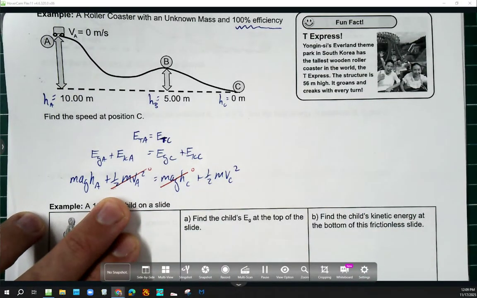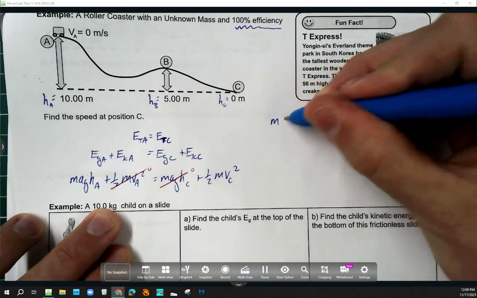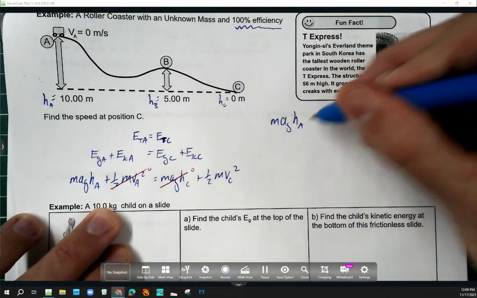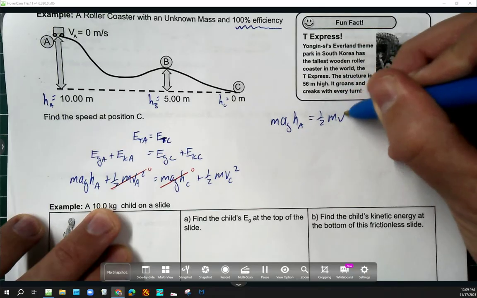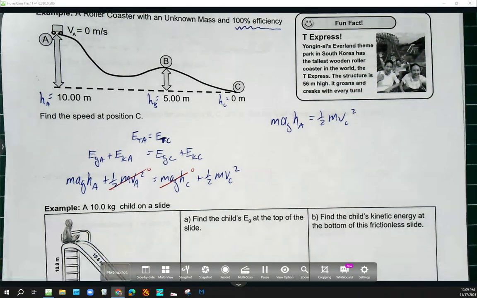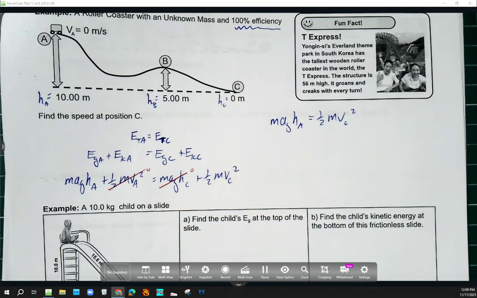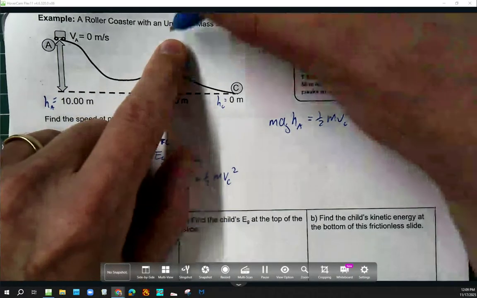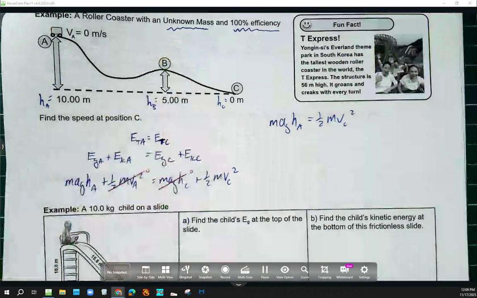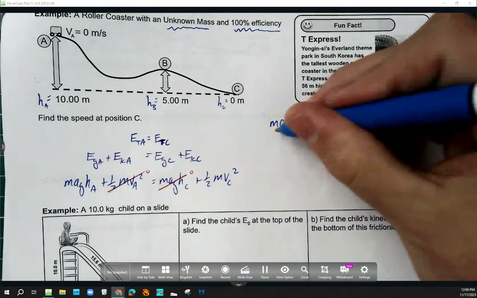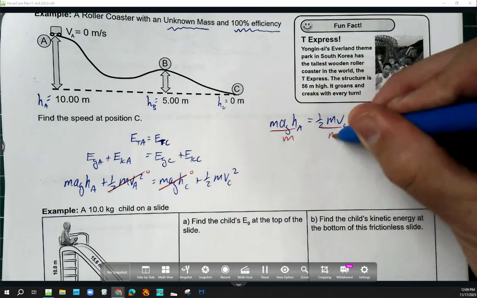Then we can just write out whatever's left over: m g hA is equal to 1/2 m vC squared. Yes? Can we get rid of the mass there? Ooh, yeah, you're right. That's a good point. Since we didn't know the mass, we were told here that it was unknown mass. That's a great idea. We could divide both sides by m, thereby canceling out the m's.